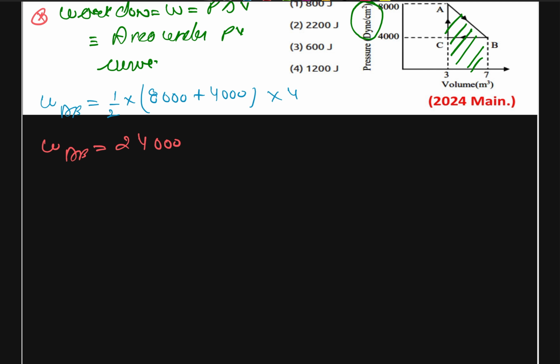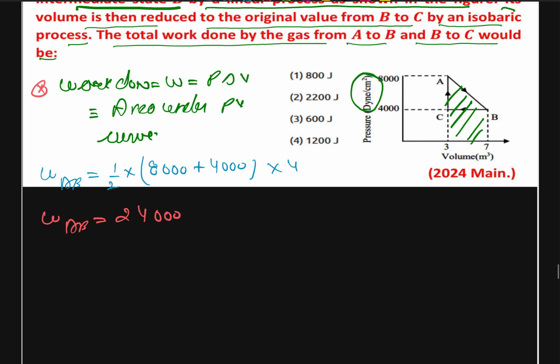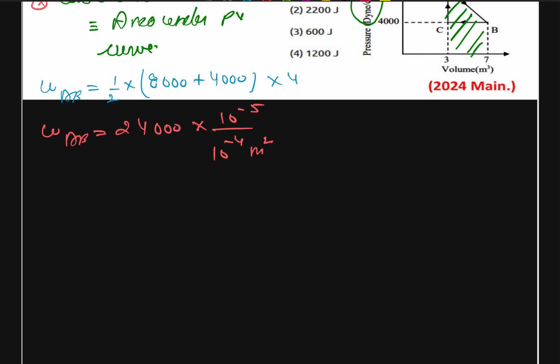And it says that from B to C. Okay, so let us convert this. This comes as 10 raised to power minus 5 Newton and 10 raised to power minus 4 meter square.